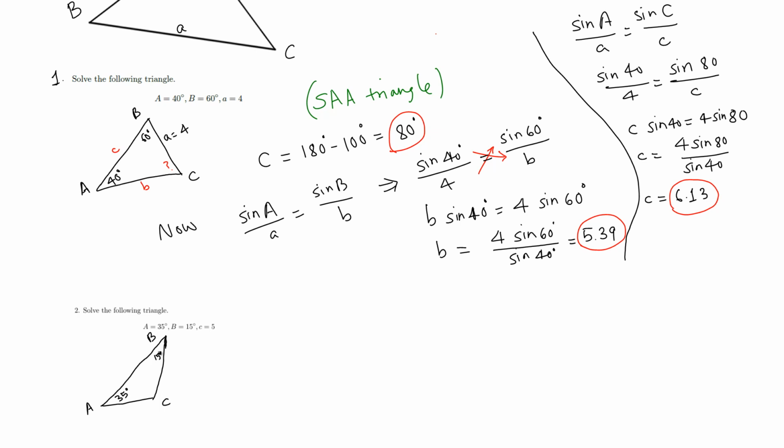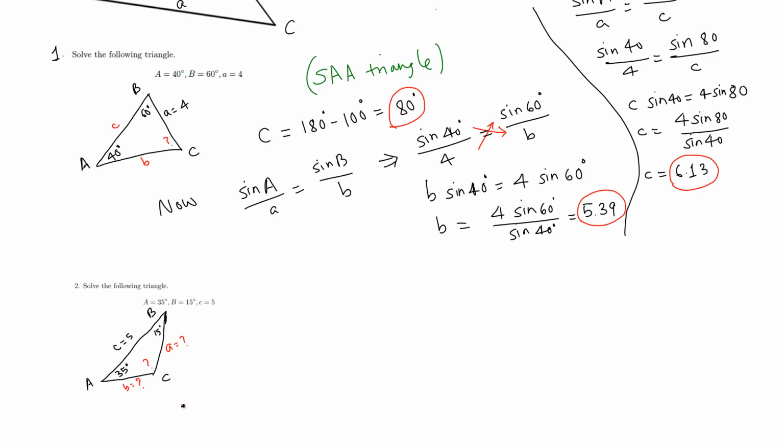B is 15, and obviously we can easily find the uppercase C. Lowercase c, this side, is 5. So we are missing side lowercase a, and lowercase b and this angle. So out of 6 parts, 3 are given and we are asked to find the remaining 3.